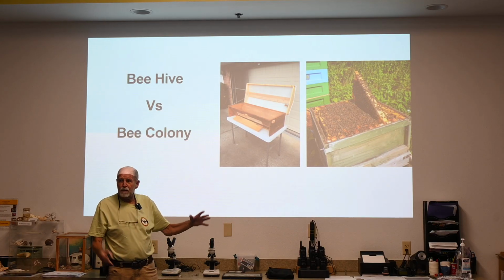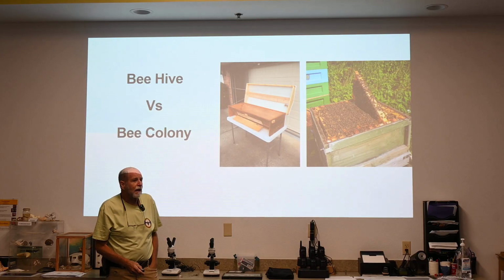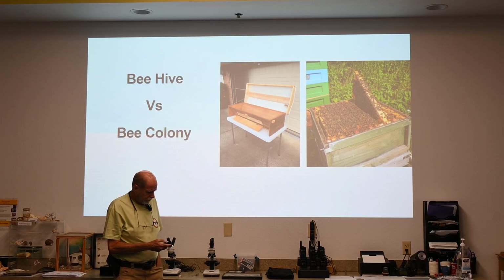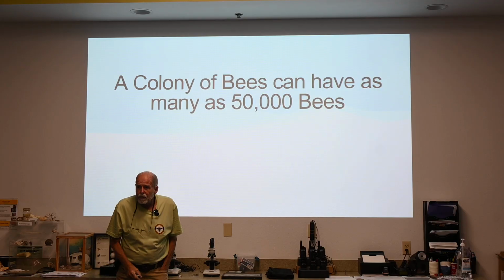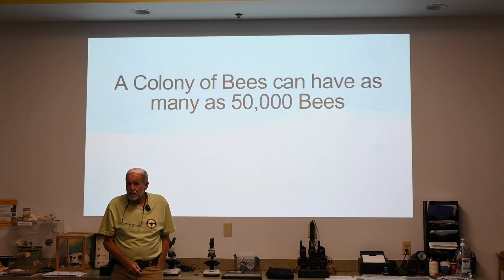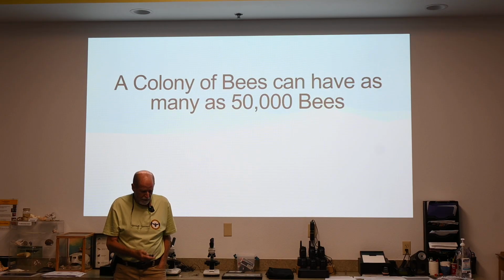The colony is actually the bees within the box. A colony usually is around 50,000 bees. Can go up to 70 or 80,000 bees on a large colony, but for the most part, around 50,000 bees.